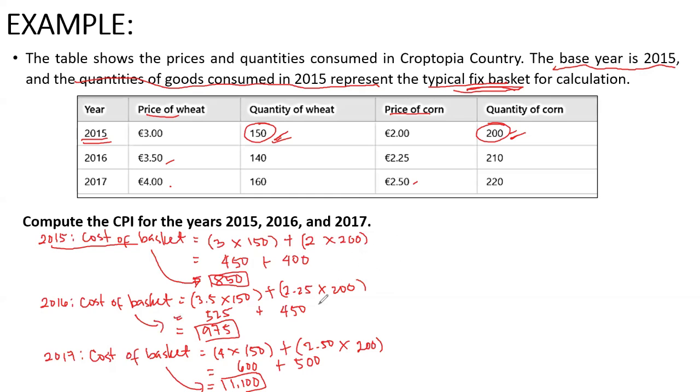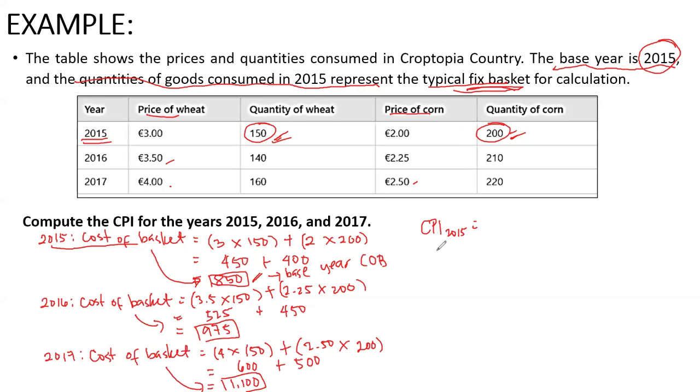Since we already have the cost of basket, the next thing we can do is compute the CPI. So the CPI for 2015. In computing the CPI, you simply divide the current cost of basket by the base year's cost of basket. Here it is indicated that 2015 is our base year, so we will be using this 850 as the base year cost of basket.